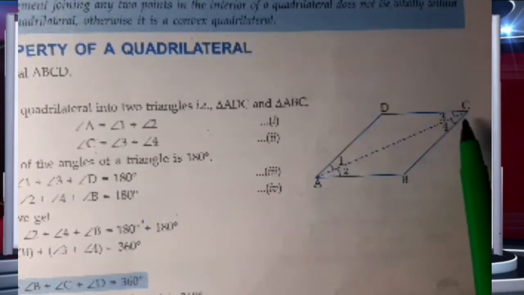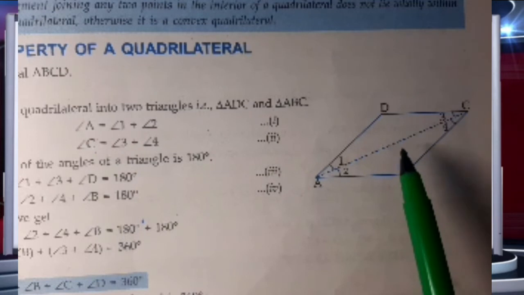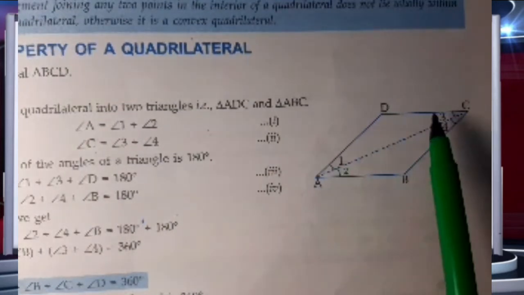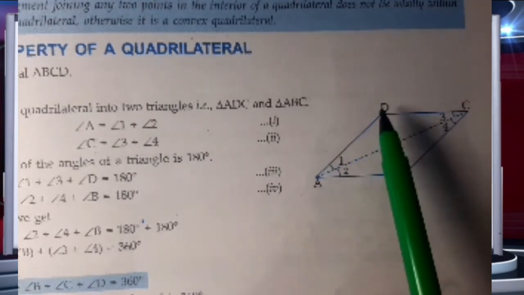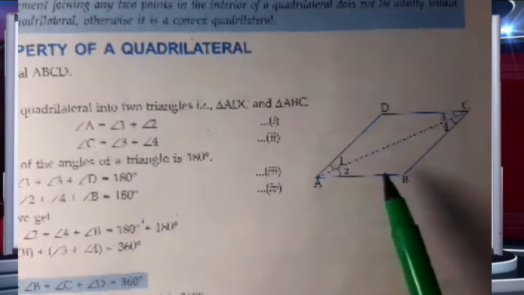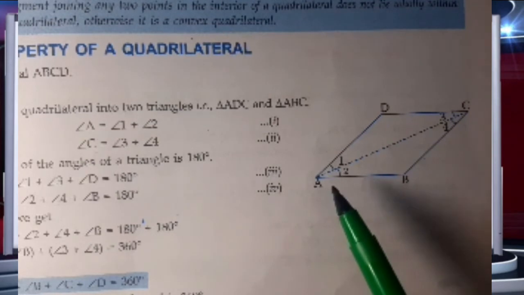This diagonal is dividing this quadrilateral into two triangles. As we know, the sum of all the three angles of one triangle is 180 degree. Same way, the sum of all the three angles of another triangle is also 180. So 180 plus 180 is 360.